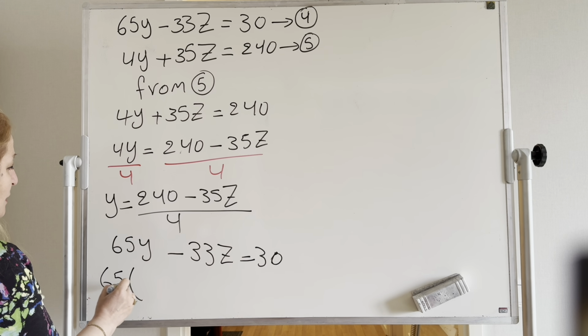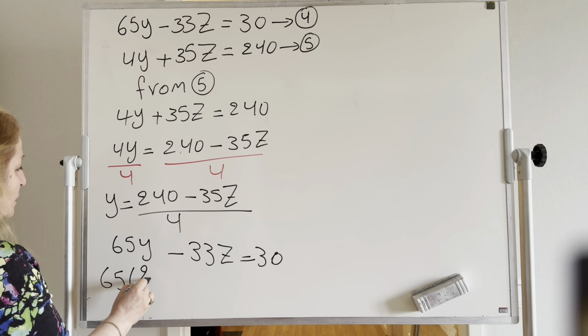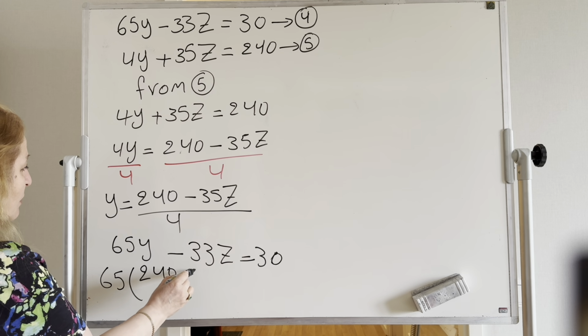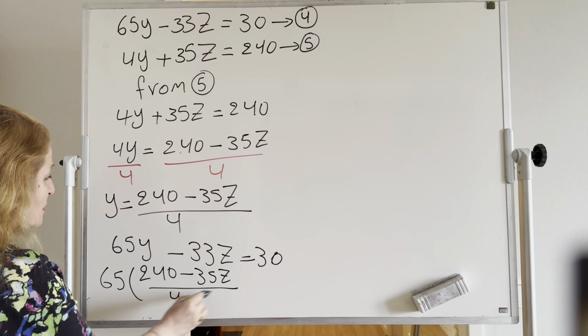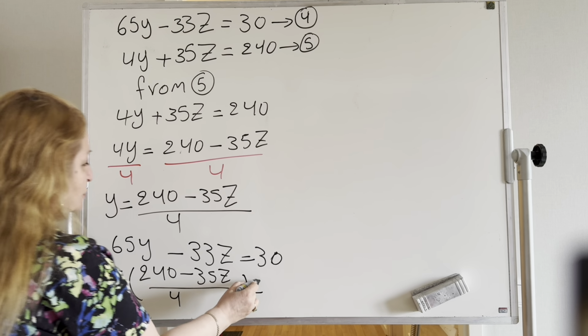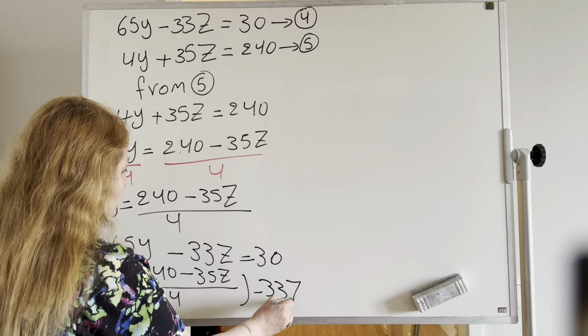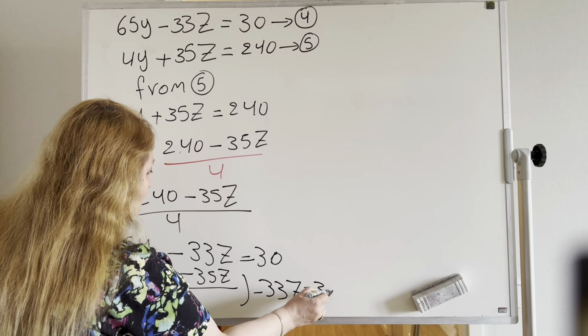65 multiplied by 240 minus 35z divided by 4, minus 33z equal 30.